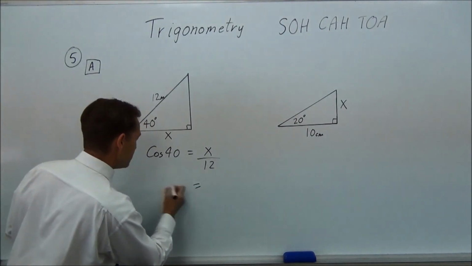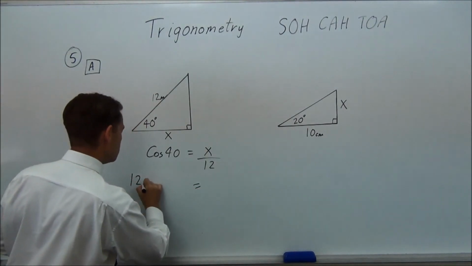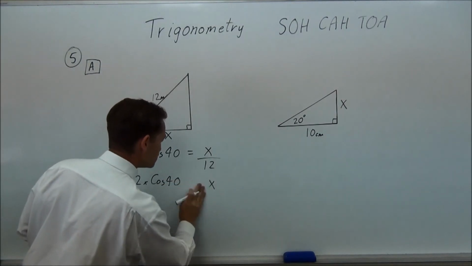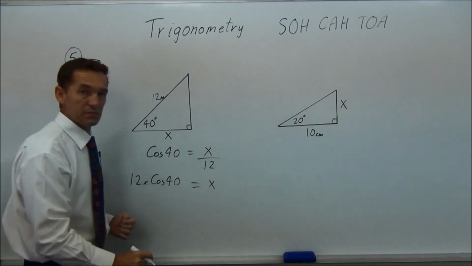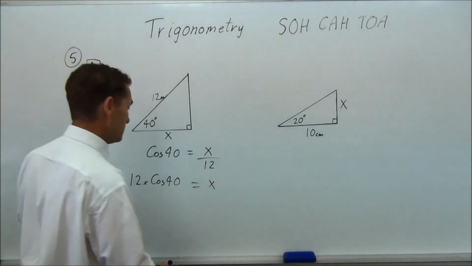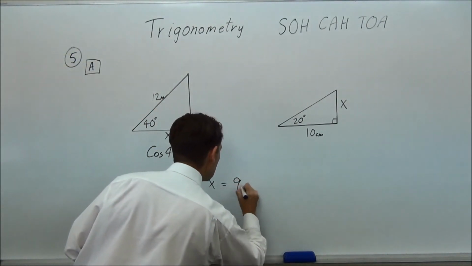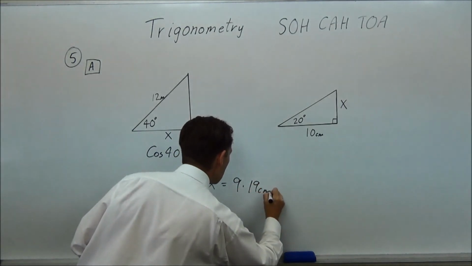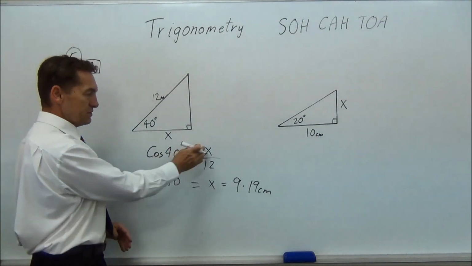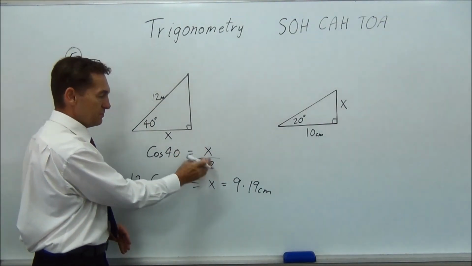So we're going to have 12 multiplied by cos 40 equals x. And that's your answer. You just punch that in your calculator and you should get 9.19 centimetres.